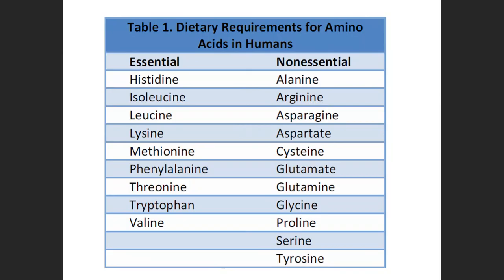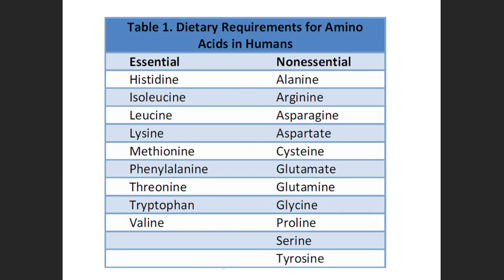We cannot synthesize those, so we have to eat them. That's why they're considered essential, because we need to get them in the diet. If we don't, we're going to be in trouble, because many of our proteins are not going to be made because we're missing these essential amino acids.